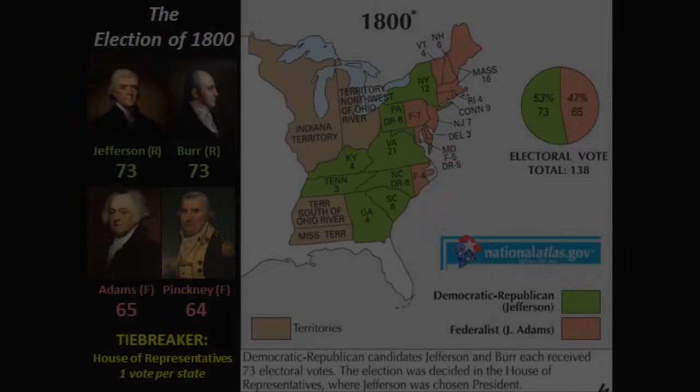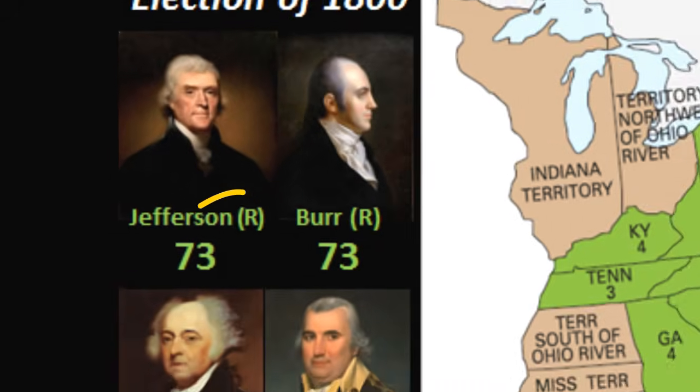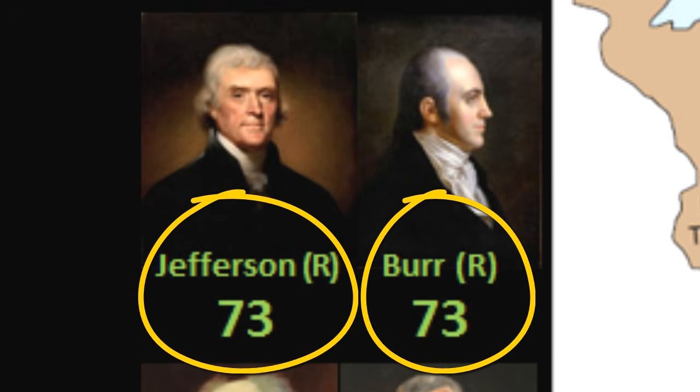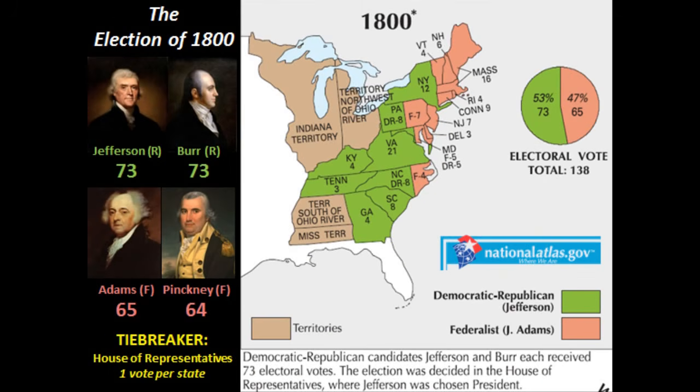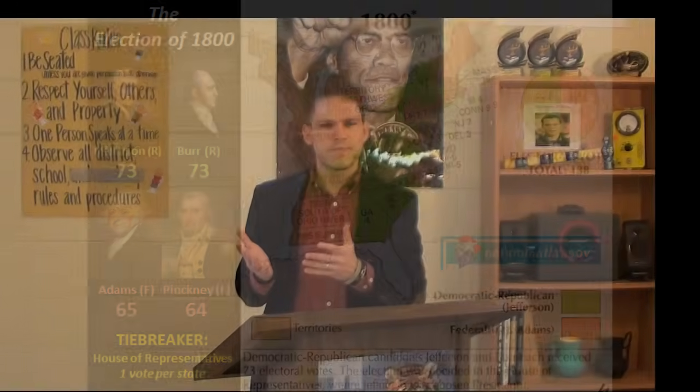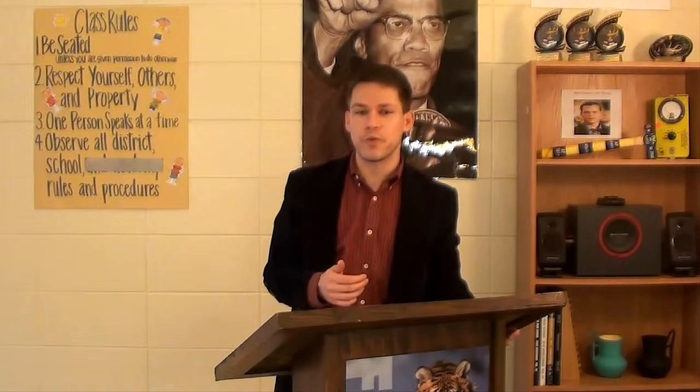But the Republican electors didn't want to leave anything to chance. And so every Republican elector cast a vote for Jefferson and Burr, leading to an electoral tie. Well, you would think that, of course, Jefferson was the presidential candidate, Burr was the vice presidential candidate, right? Not that simple. The Constitution says that if a candidate fails to win a victory, it goes to the House of Representatives.